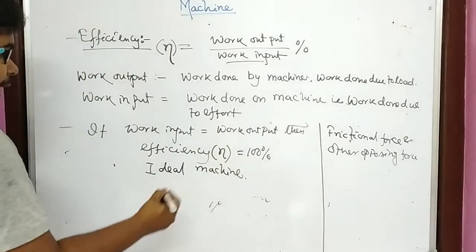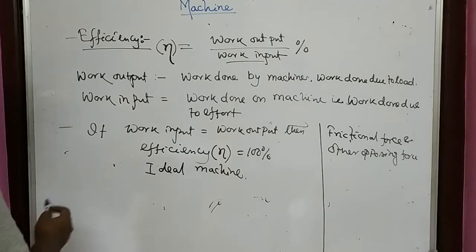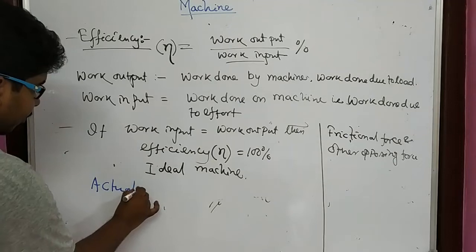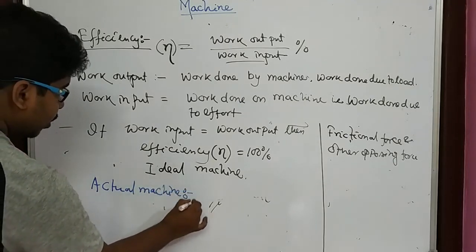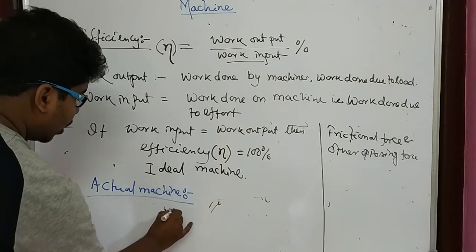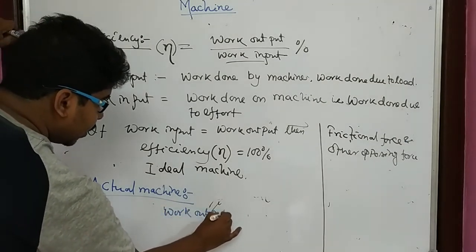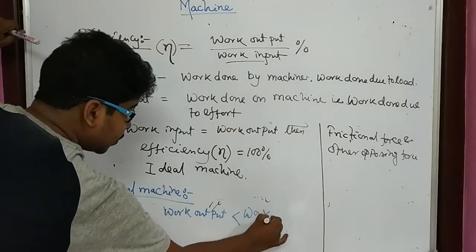Okay, but the machines we see around ourselves are known as actual machines. What is an actual machine? Where work output is less than work input.